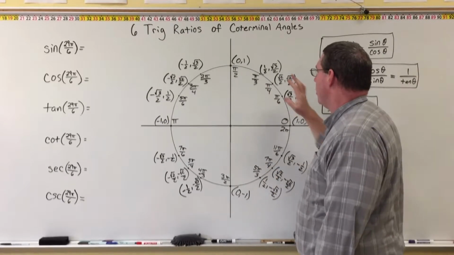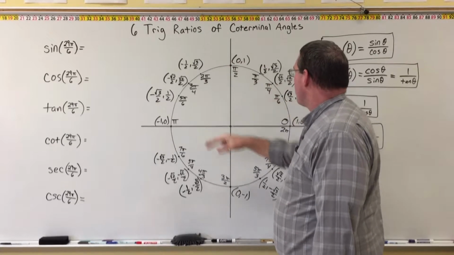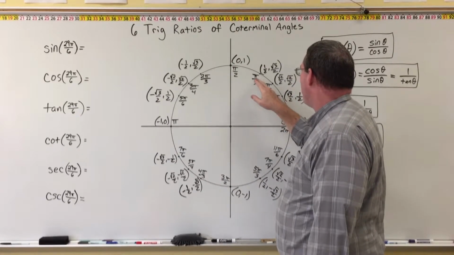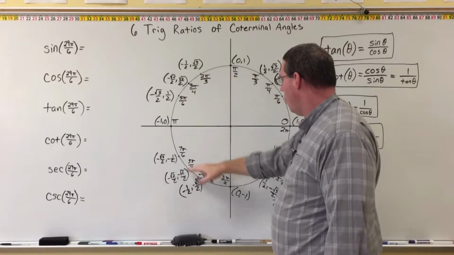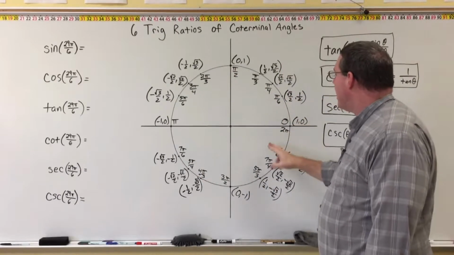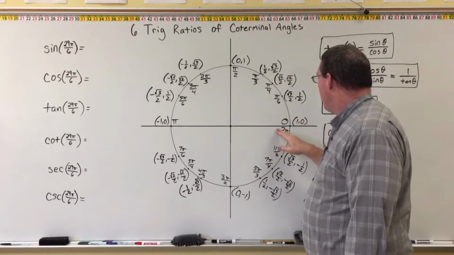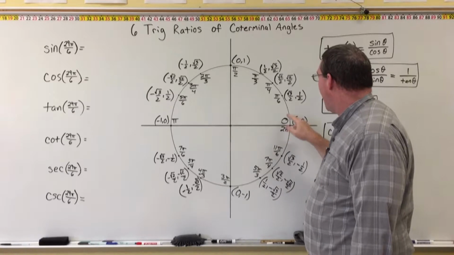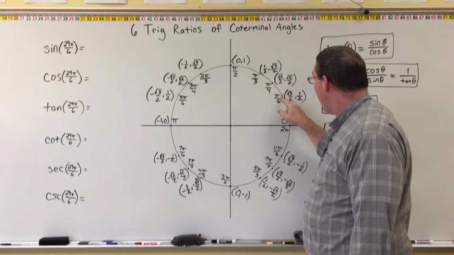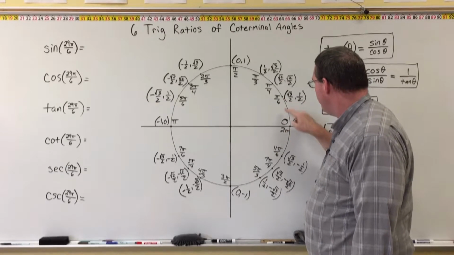Let's look at coterminal angles on the unit circle. Going around the unit circle, we have pi over 6, pi over 4, pi over 3, pi over 2, etc., all the way around to 11 pi over 6 and then 2 pi. If we keep going around the unit circle, going from 2 pi, I want to know what this angle is now going to be after we pass up 2 pi.